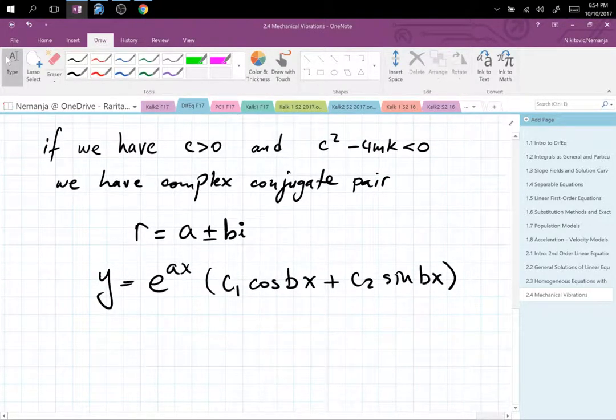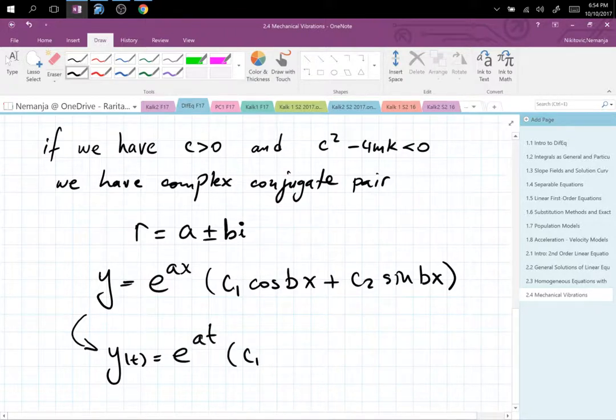Now, I don't like these variables because now it's physics, so t, time, is our variable. So I have to recast this as y of t, which is e to the at, C1 cosine bt plus C2 sine bt. t is the independent variable, time.